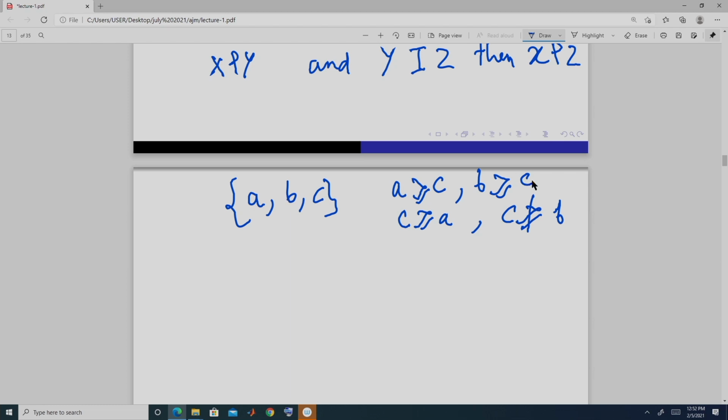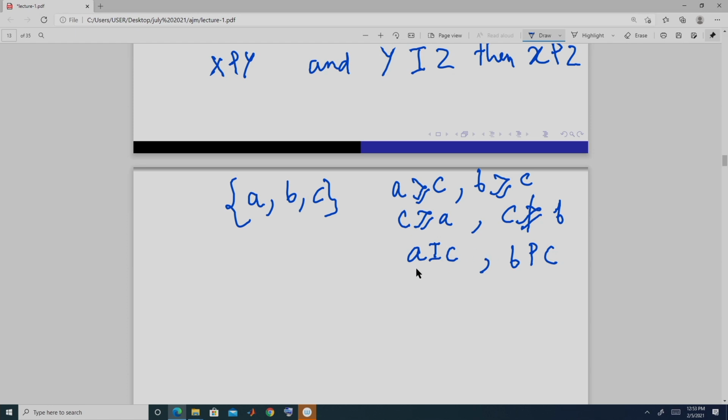So in this case, what do we get? A is at least as good as C and C is at least as good as A, so I am indifferent between A and C. Now we know that B is preferred to C. We could apply transitivity and say that B is preferred to A, but it is not specified here, and that is why we will not be able to compare all the bundles.